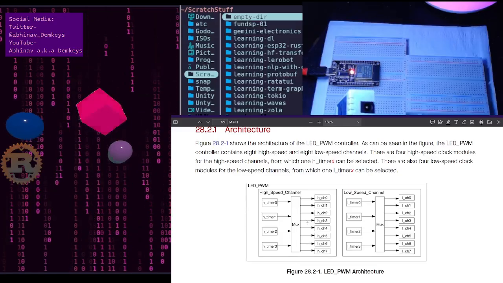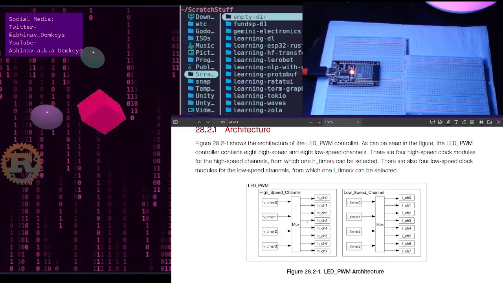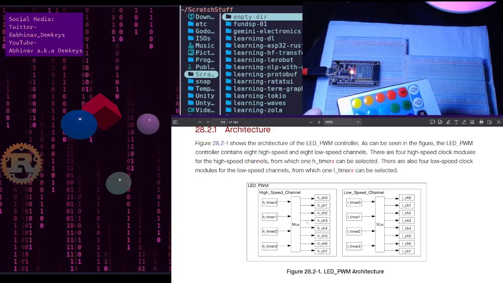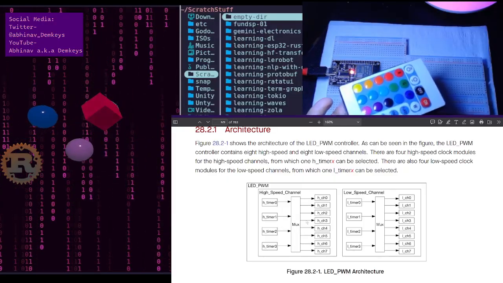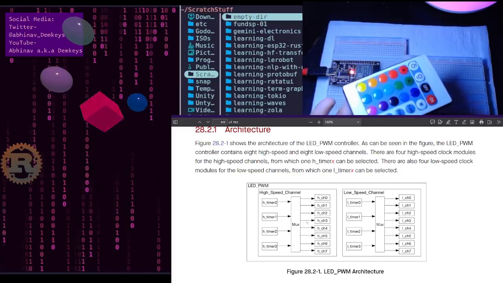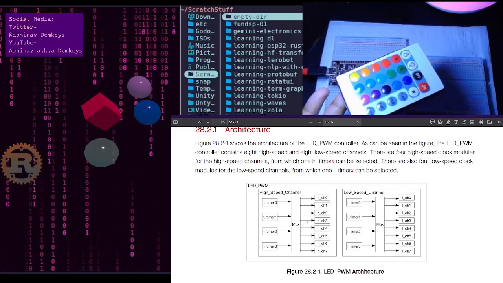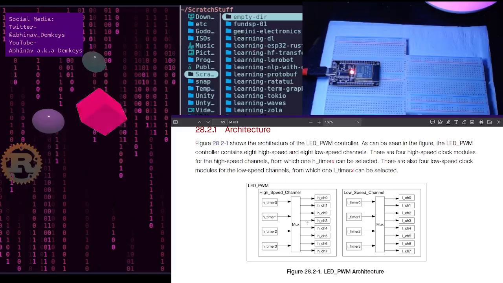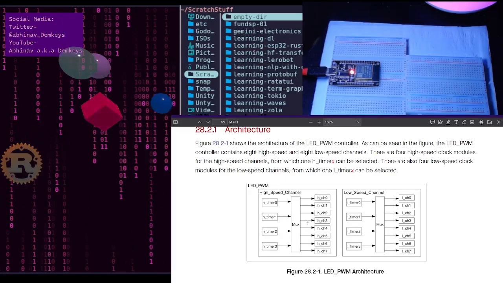So it's kind of interesting. You can use this to do interesting things with the LED strip.